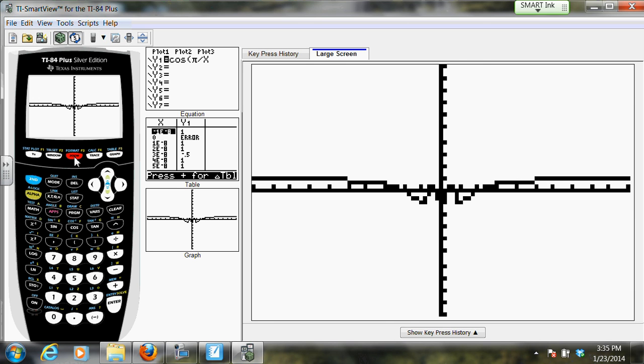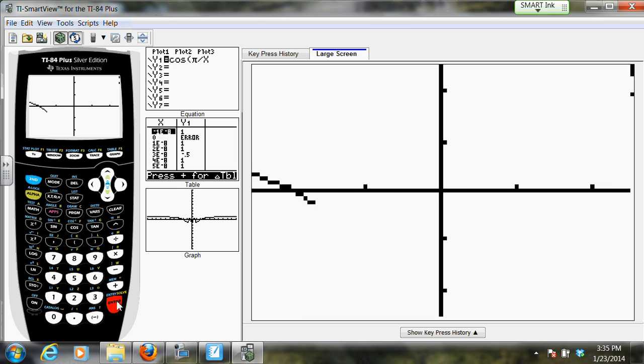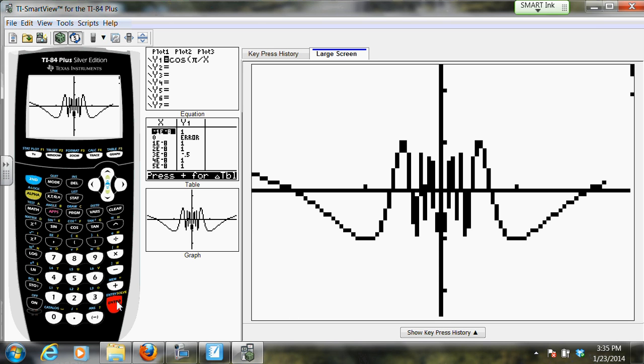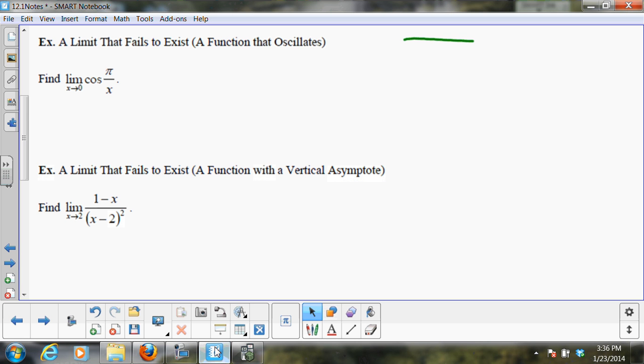If we zoom in right there, see how it oscillates back and forth? If you keep zooming in, it keeps oscillating back and forth. When it does that kind of thing, limits don't exist there either.